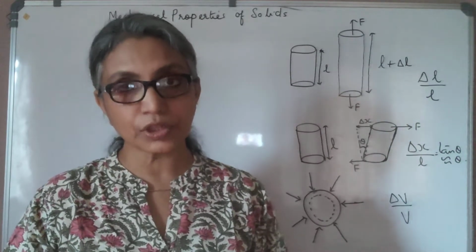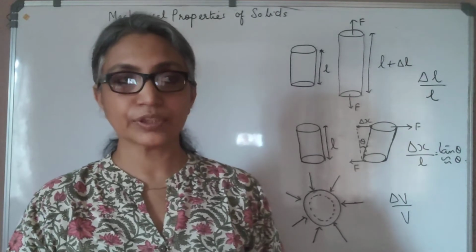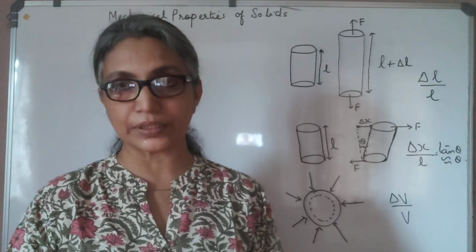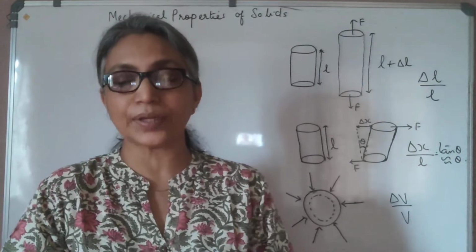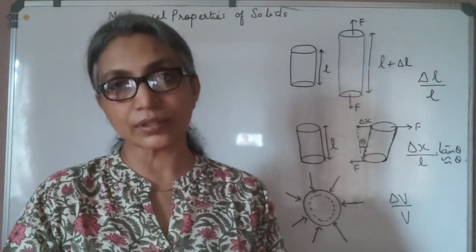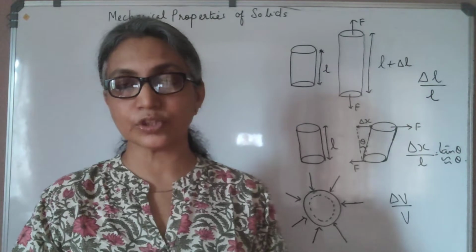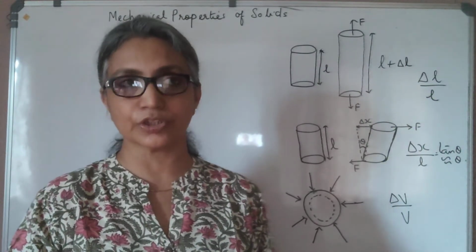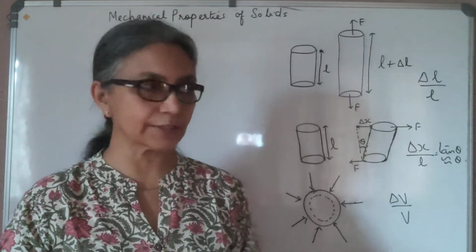If you load it beyond the elastic limit of a structure, if it goes beyond the elastic region of the material, then the structure won't hold. It'll go into the plastic region and the material will start to flow. Therefore, this branch of physics which deals with the elastic behavior of materials is a very important branch. Today we're going to look into the elastic behavior of some of the materials.